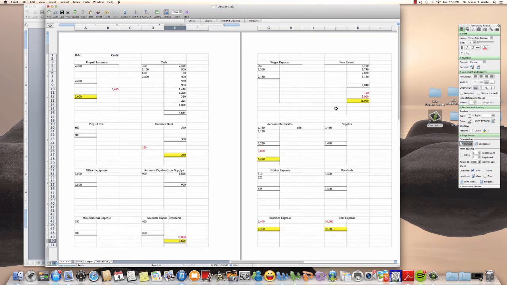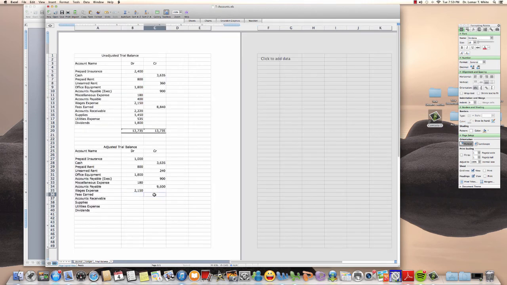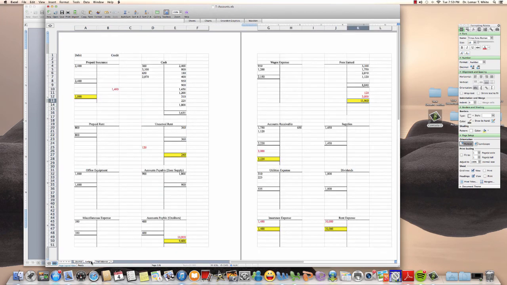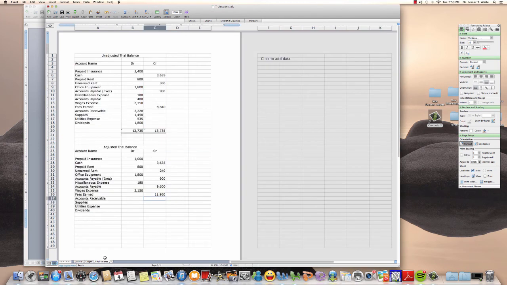My fees earned, that changed. That went up to $11,960 on the credit side. My accounts receivable changed as well. $52.20 on the debit side, so I'm going to put that $52.20 on the debit side.